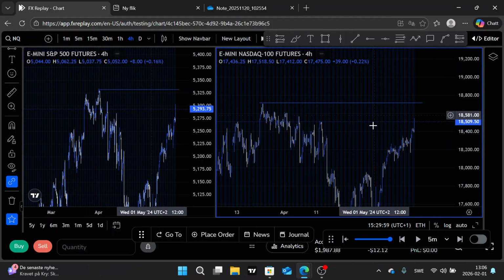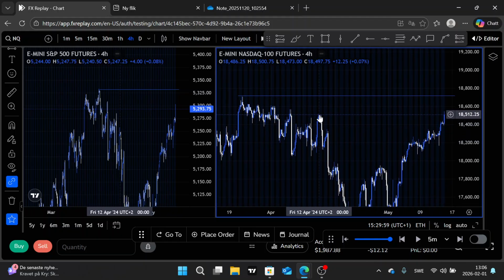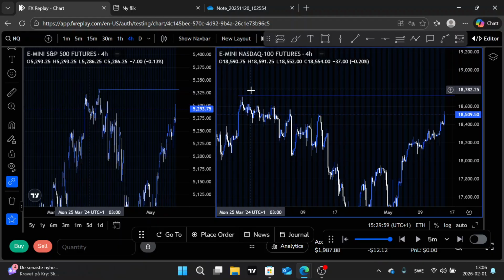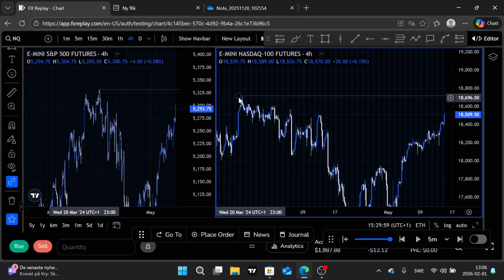Here we go. On 4-hour time frame, what do we have here? Once I have those low resistance liquidity, this will be my drawn liquidity.